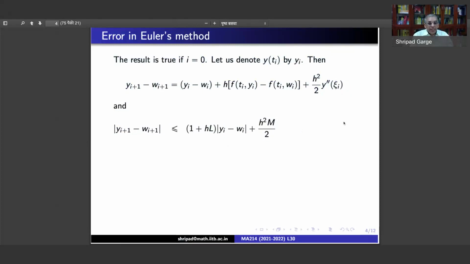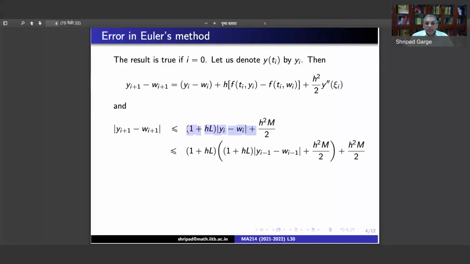So for the (i+1)th error, we have a formula in terms of the ith error. And now we use induction: we write the ith error again in terms of the (i-1)th error. Similar to this formula on the right hand side, we will use a similar formula for this y_i minus w_i.